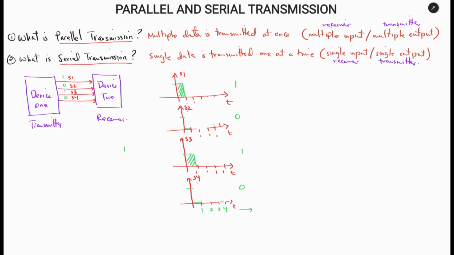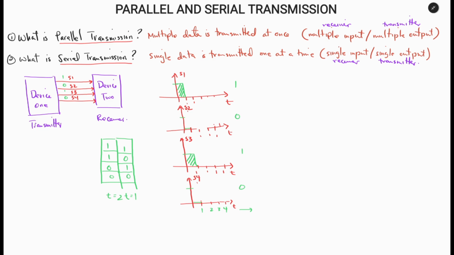Now if we have 1, 0, 1, 0, if we put it this way, we can say for t equals 1 second. Now if we have 1, 1, 0, 0, that means for this time interval we can say t equals 2.